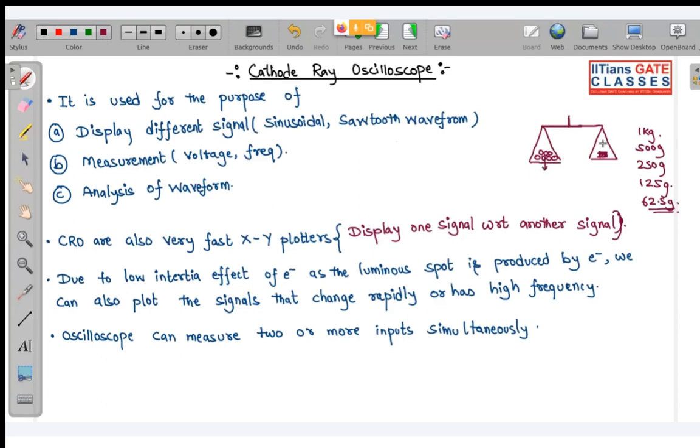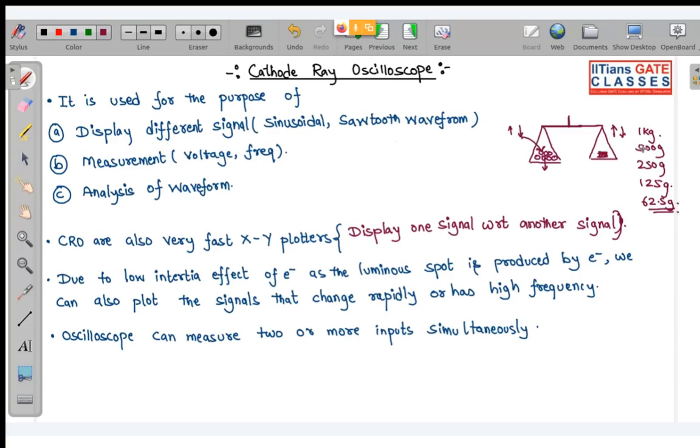The moment you add new vegetables, this will go down, and even if you try to counter it, the scale might swing continuously. You cannot balance it immediately, because these weights have inertia.